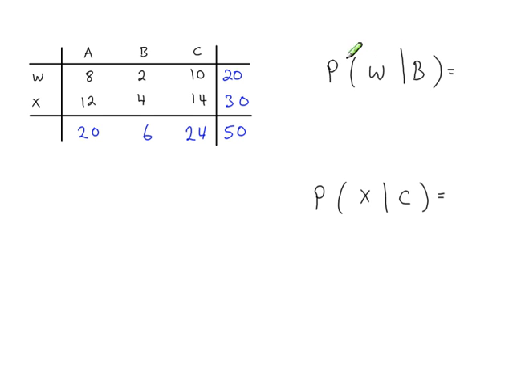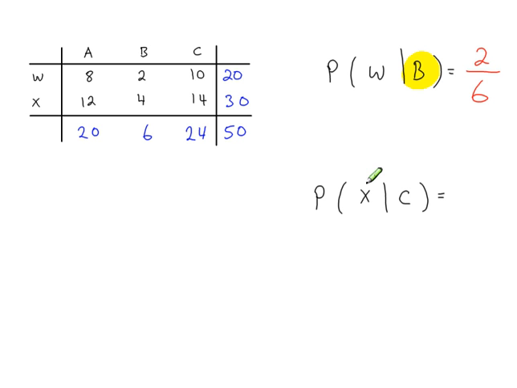The probability that event W happens, given that B has already happened, so let's focus on that B first, there. What's the total for event B? 6, which means this is something out of 6. Now look at event W. There's event W, it's in a row, and where do they meet up? On the 2.